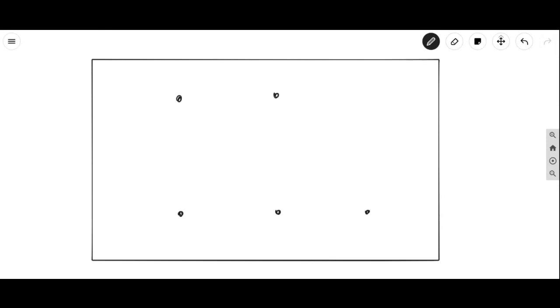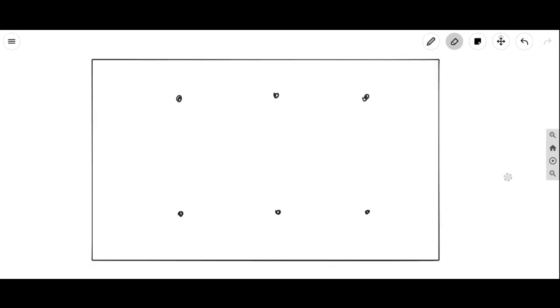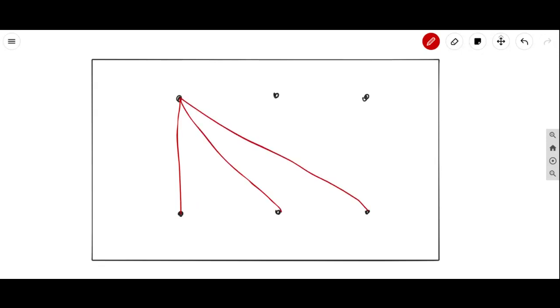And we understand that the left and right edges are being identified together, and the upper and lower edges are being identified together. So let's start drawing. We would draw this, this, and that.